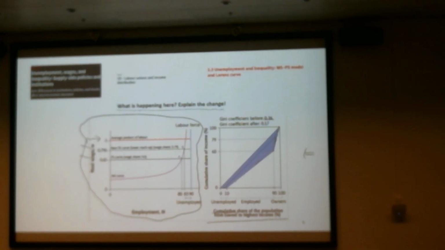Well, when the workers get a higher wage, then the slope doesn't start at 10, it starts here, now it's only 7. It's only 7 unemployed. So now it starts at 7.